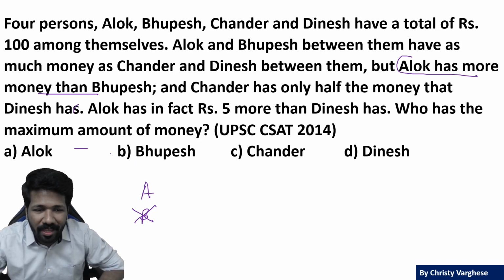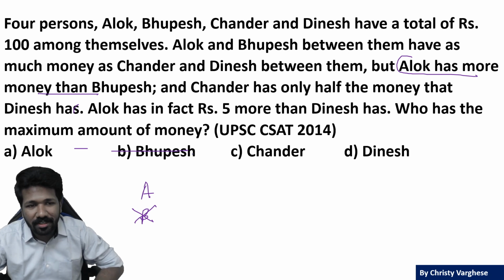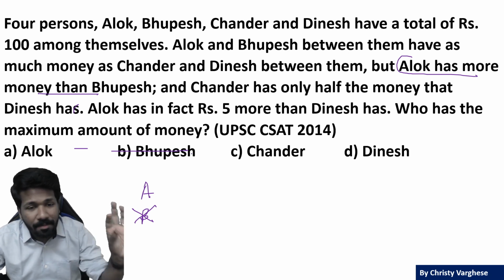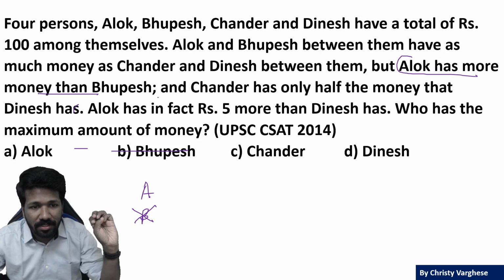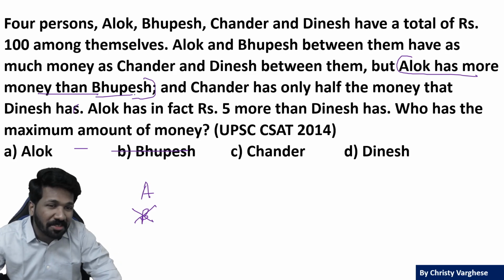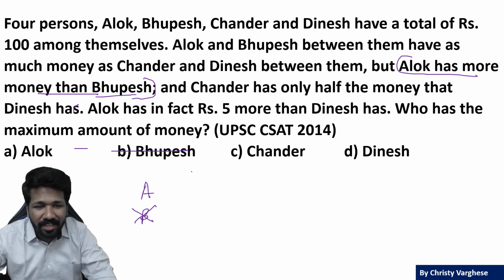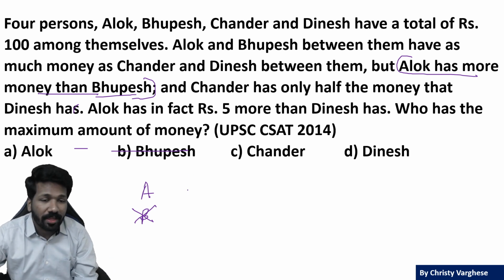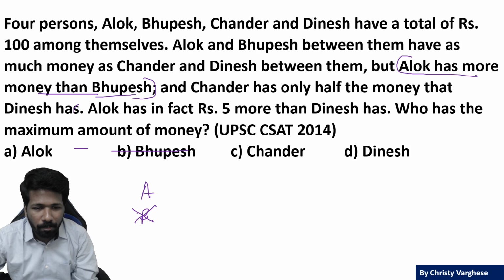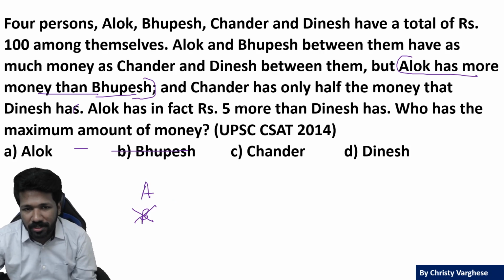Who has the maximum amount we cannot say from this sentence, but who doesn't have the maximum amount, that we can say, because Alok is better than Bhupesh with respect to the amount of money. So Bhupesh can be rejected from the options.